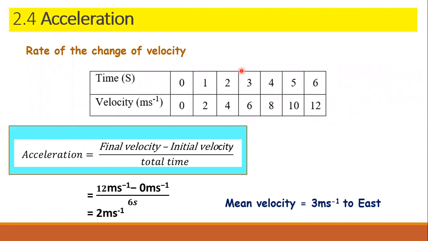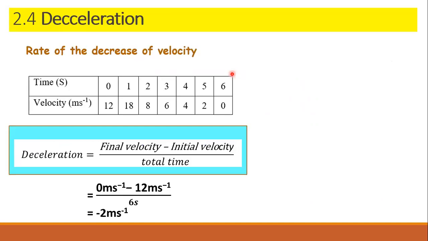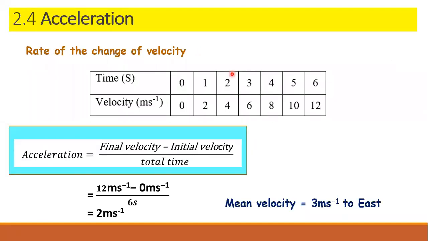Velocity is a vector because displacement is a vector. Now acceleration becomes a vector quantity, due to the reason that velocity is a vector. So you have to remember that acceleration and deceleration are vector quantities.